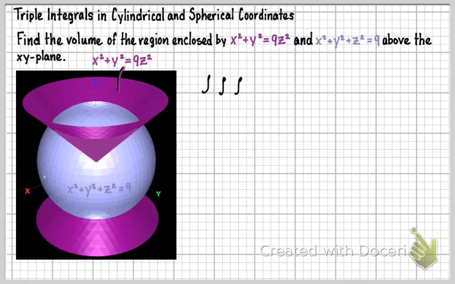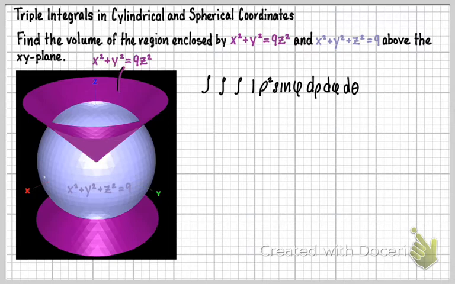And it's going to be a 1. And then we have our Jacobian, because we're going to use spherical coordinates here. That's going to be rho squared sine phi, and then d rho d phi d theta. So now we just have to figure out our bounds here.